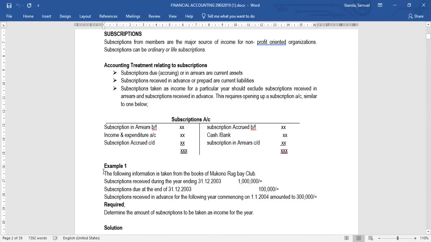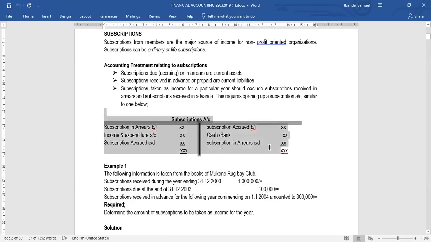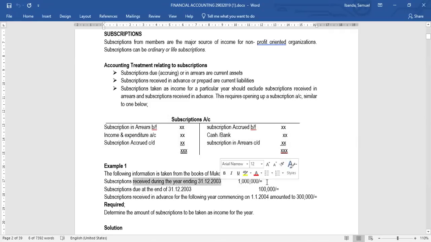Now, this question is expecting us to use this kind of information. So what it is telling us is subscriptions that were received in the year, the 1 million, is actually the cash and bank. So you come and put here cash and bank, your 1 million, okay?